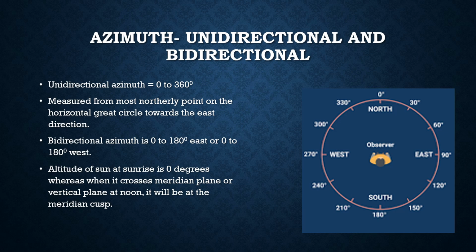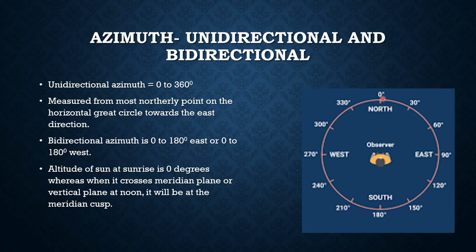When you measure azimuth, it can be unidirectional, and it can be bidirectional also. From north, we are moving like this. Suppose the distance is over here, so this will be 60 degrees.